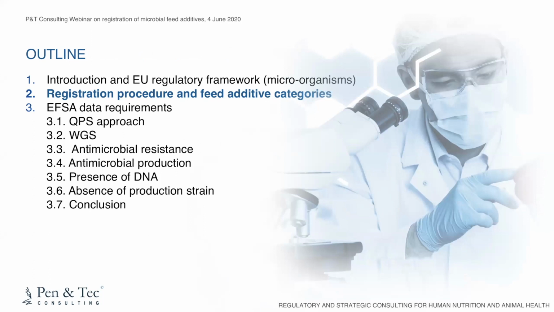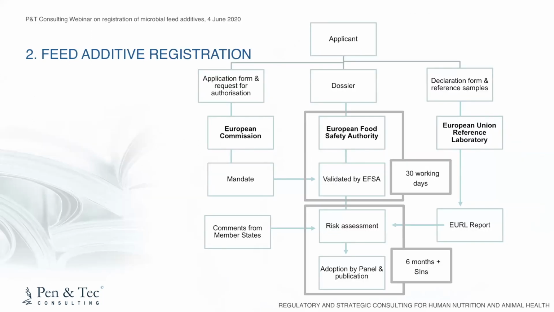There are various steps involved in the registration of a feed additive. The workflow starts with a request for the EU authorization submitted by the applicant to the European Commission, who then forwards a mandate to the European Food Safety Authority. The applicant must send a copy of the complete technical dossier to EFSA together with some administrative documents.